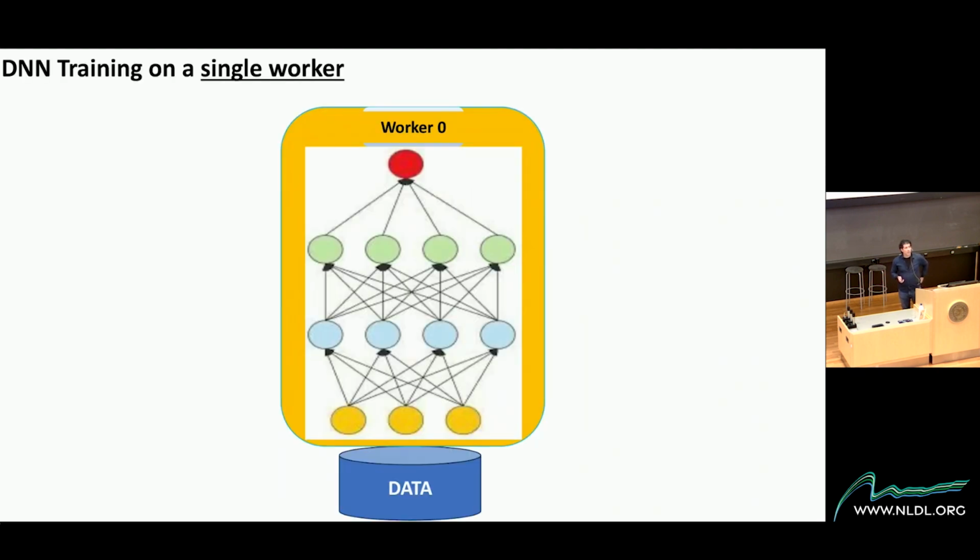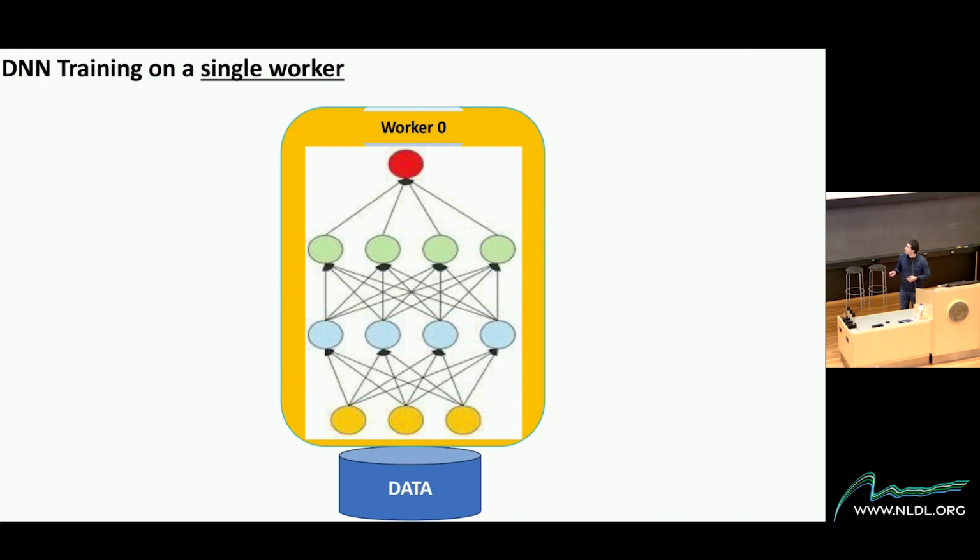We start first with a single worker, a single application, when you have a network that runs only on a single worker, a single GPU in our case. Of course, you have the data here as an input, you do your training. The question here is how this picture, which is sequential, can be parallelized such that it can run on multiple workers.